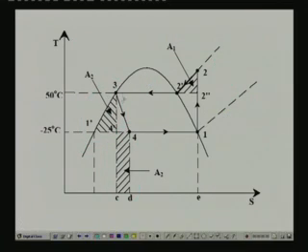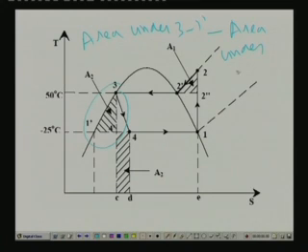If you are calculating it from this side, this is nothing but area under 3 to 1 dash minus area under 4 dash to 1 dash, that is this area.